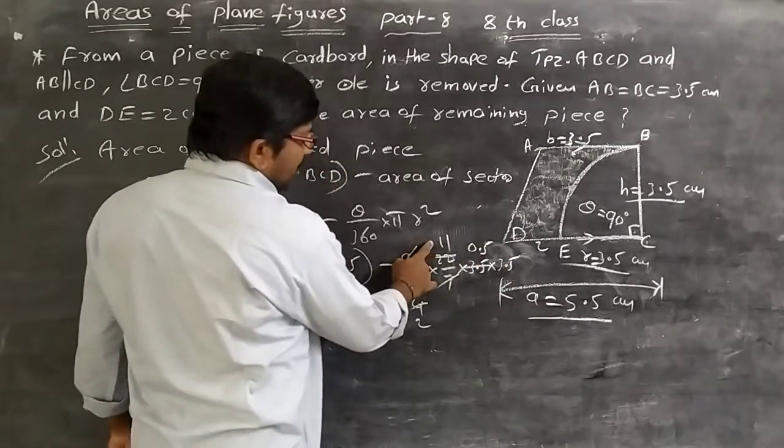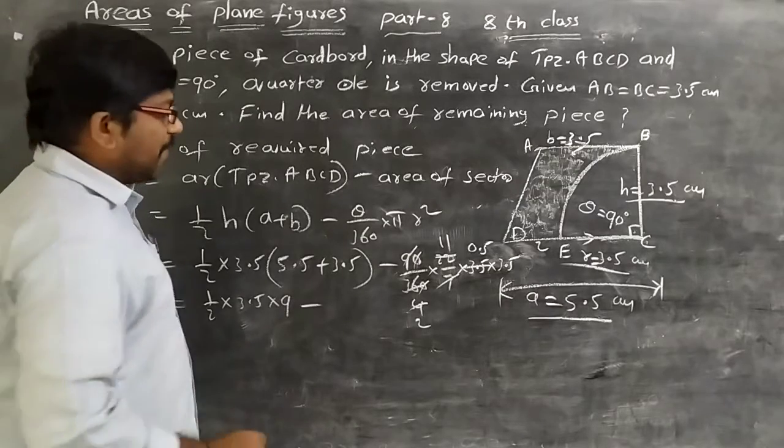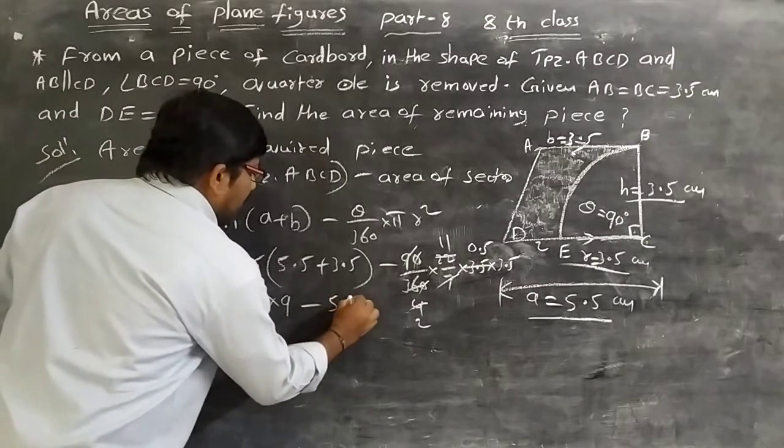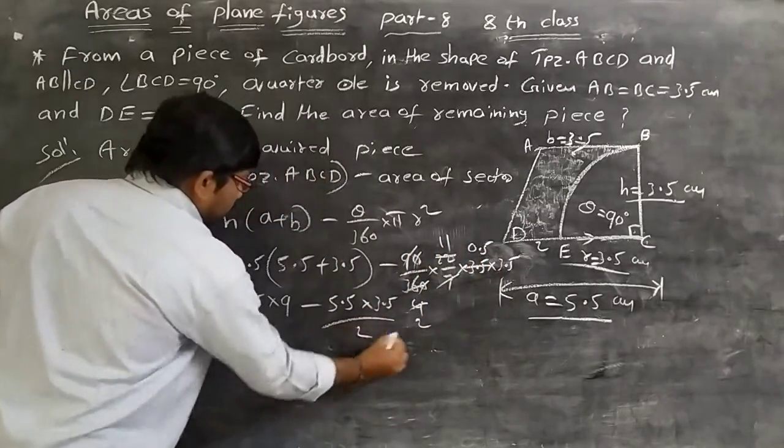So here remaining is 11 and a half, 11 halves, 5.5. 5.5 into 3.5 by 2, right?